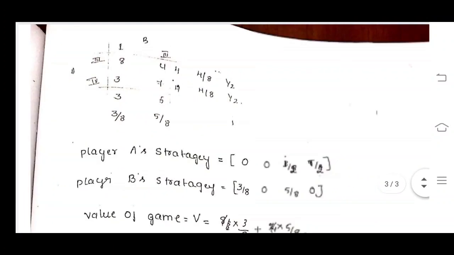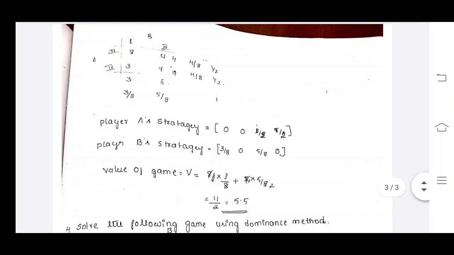After finding out the probabilities for each of the rows and columns, the next thing is finding out the value of the game. The value of the game, denoted with the letter V, can be calculated using either the row values or the column values.